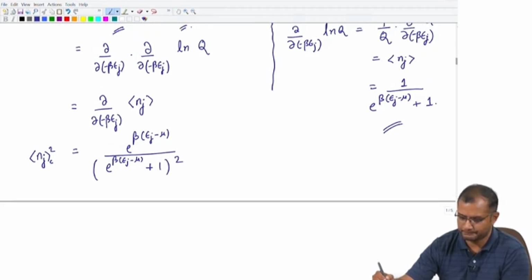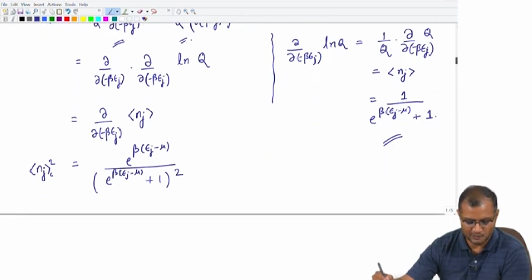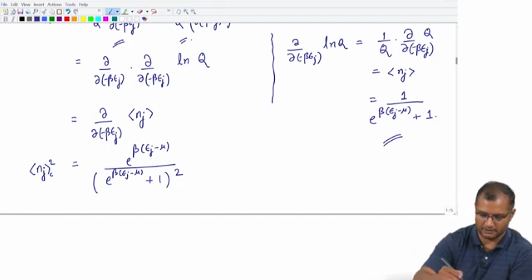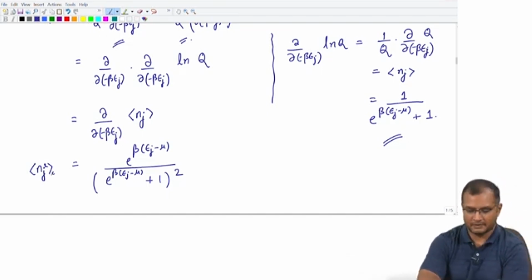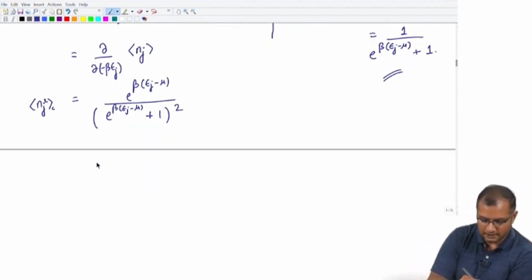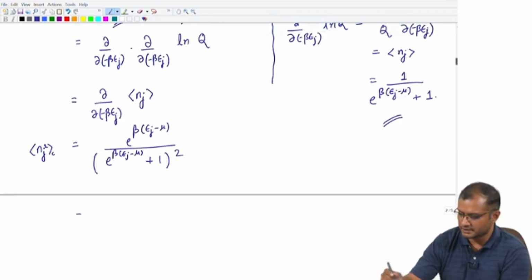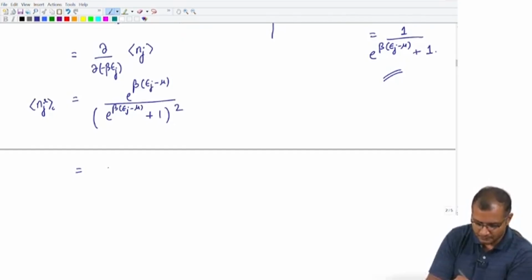Yeah, that is what I have written. Oh, okay. So, this is absolutely right. Thank you. So, this is the second cumulant, and by substituting the value of the first moment, I can easily see that this is nothing but e raised to beta E j minus mu.